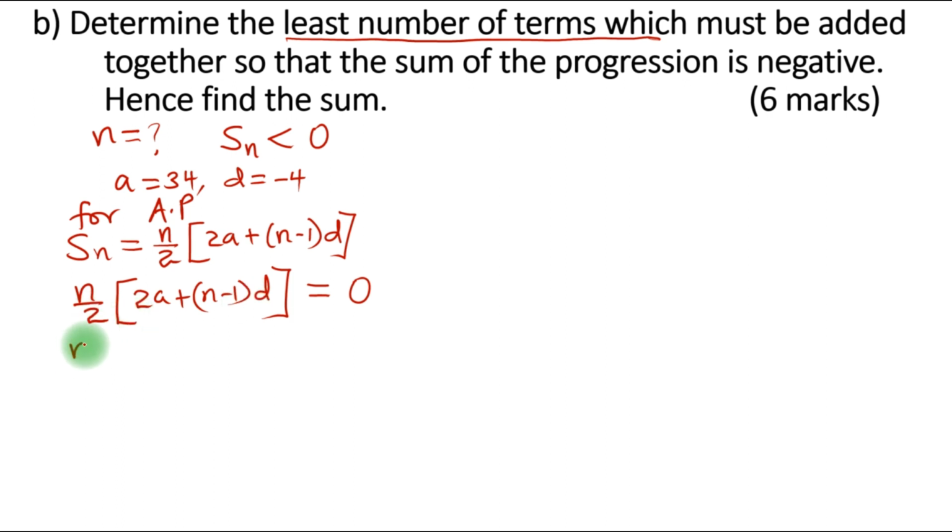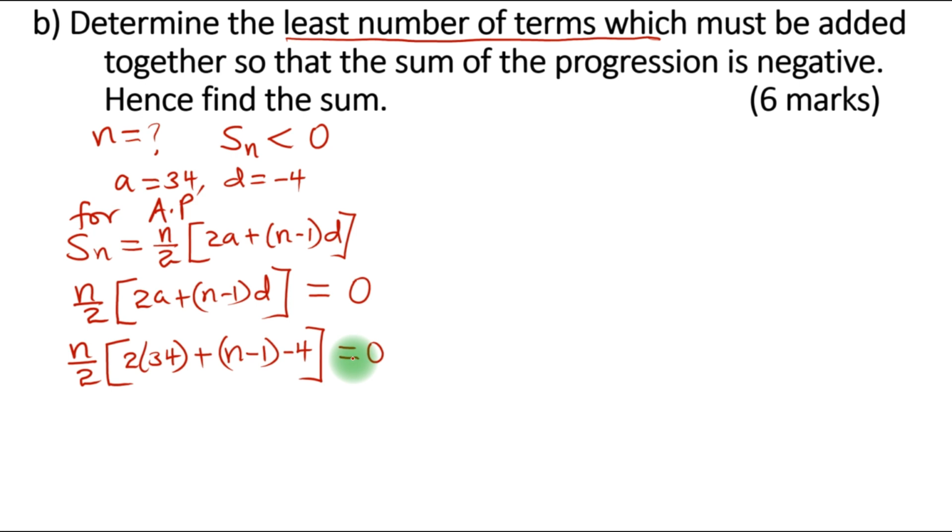So here we have n over 2, then the bracket, a is 34, so 2 times 34, then plus n, we don't know, n minus 1, and d is -4. So the bracket will be equal to 0.